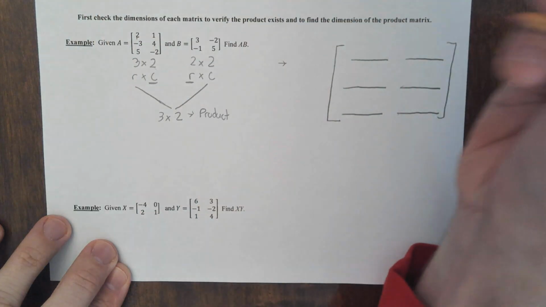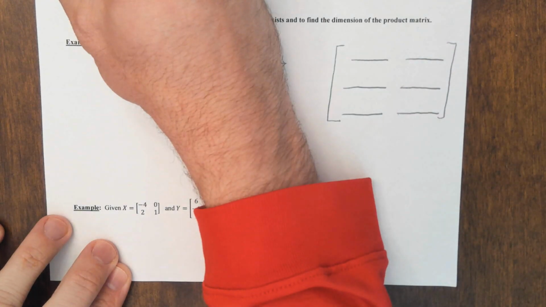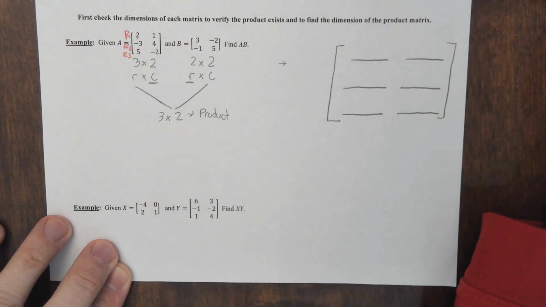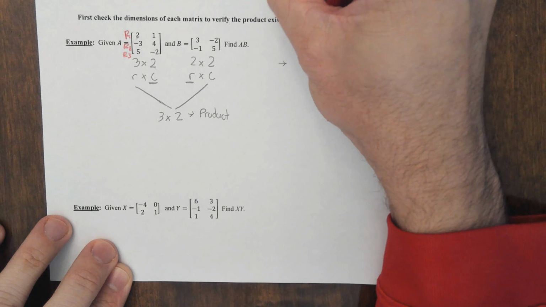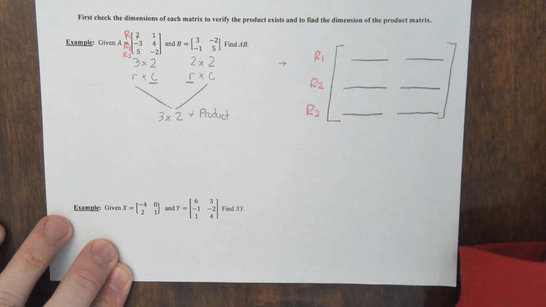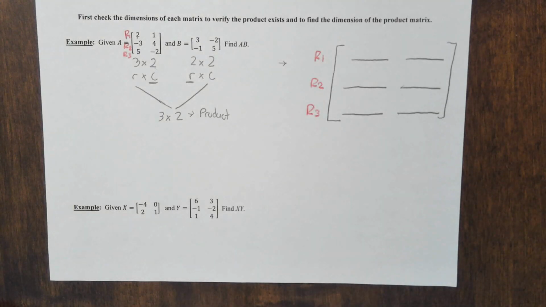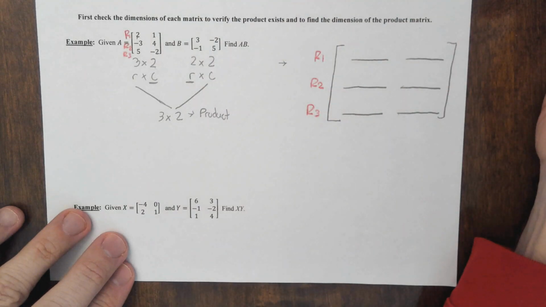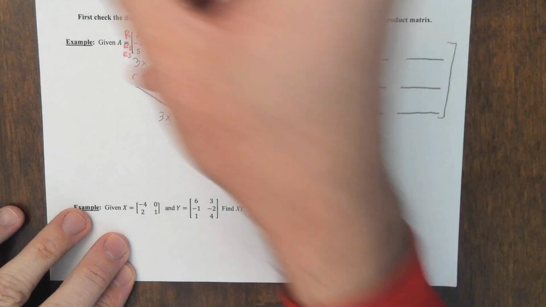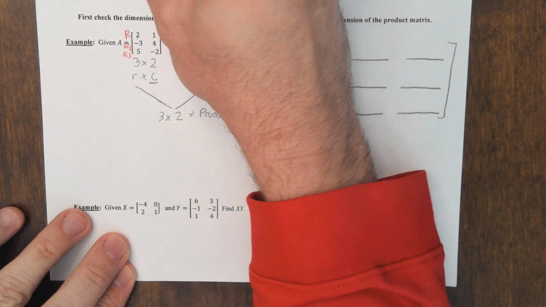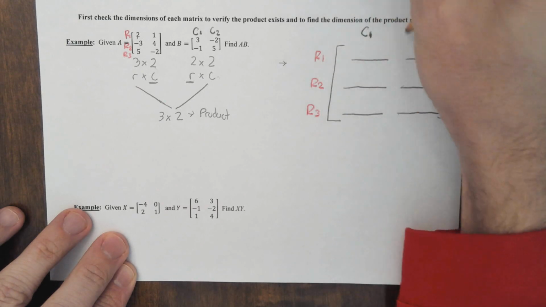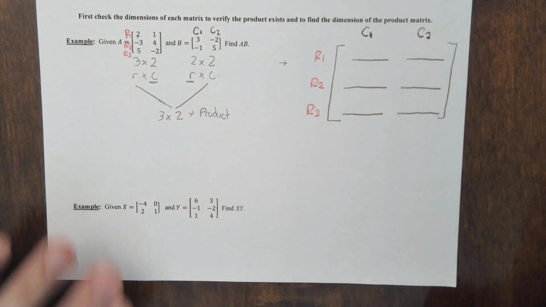So on the first matrix, I label the rows R1, R2, and R3, and then say row 1, row 2, row 3 over here. I do the same to the second matrix, but I only care about the columns. So I label them column 1, C1, and column 2, C2.